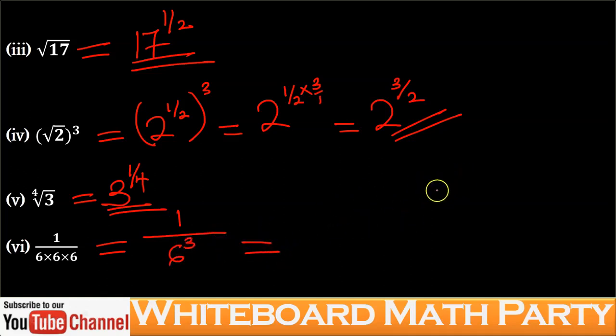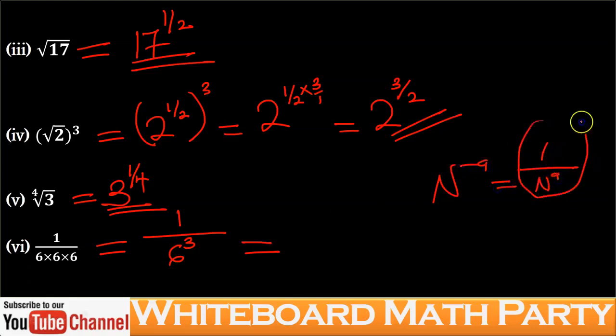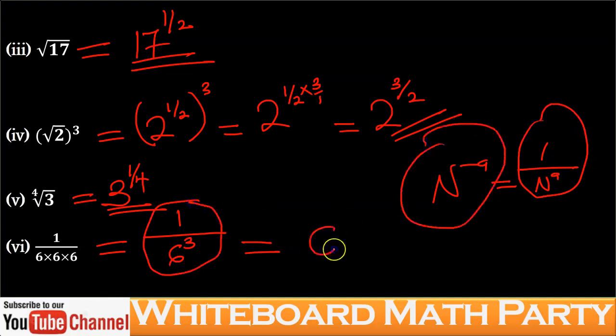We had mentioned earlier that when you have n to the power of negative a, it is the same thing as 1 divided by n to the power of a. So if you look at this situation, it is exactly what we have here. Therefore, I have to bring it to this form by writing it as 6 to the power of negative 3. This has finally been expressed in index form as required.